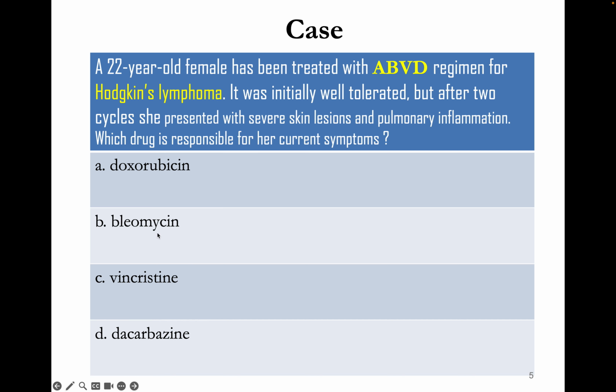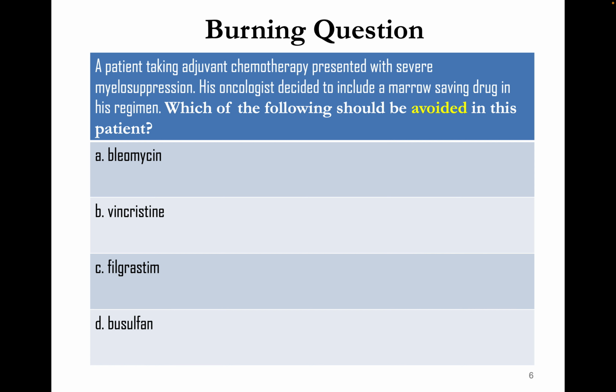And the answer is bleomycin, because, what is the reason? Mainly because of the least amount of bleomycin hydrolase enzyme in the keratinocytes and pneumocyte type 1 cells, which can cause pulmonary fibrosis and dermal toxicity.